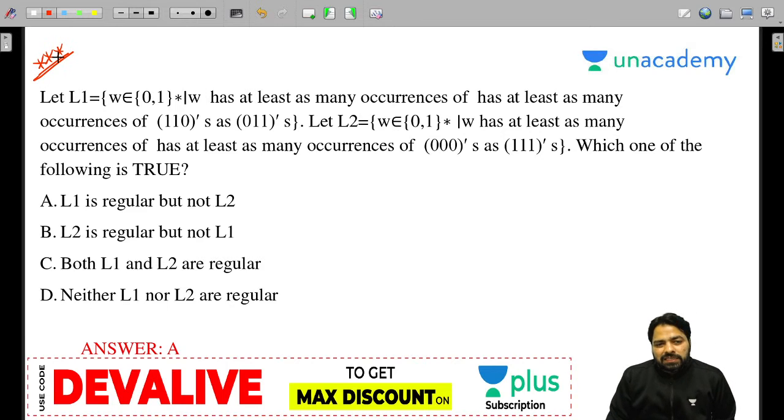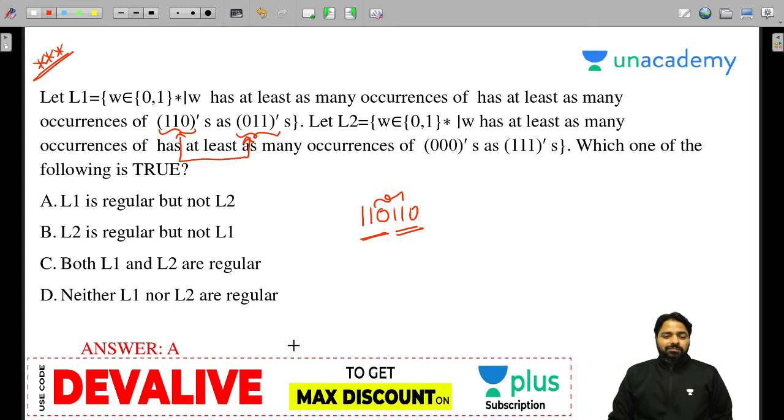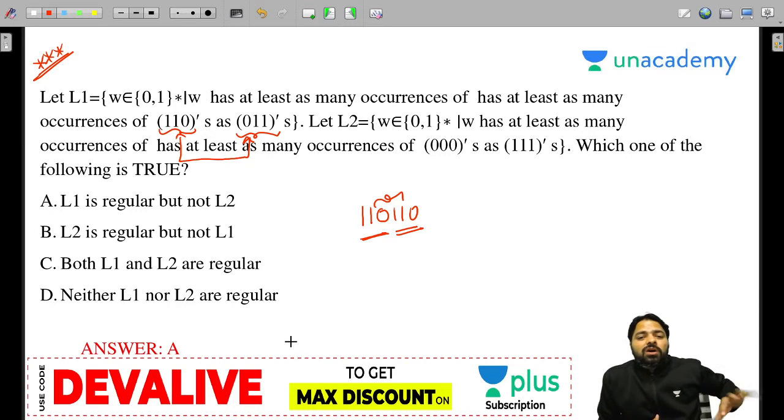It's not easy to explain in one line or one minute, but I can give you one trick about it. When you are comparing the occurrences of 110 and 011, you can look at the pattern. 110 reversed is 011. If you are counting 110 twice, 011 happened. So actually there is no need to remember only 110. When you are remembering 110, automatically 011 is also included in the count.